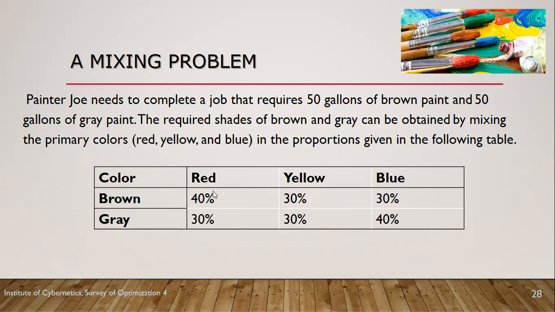The proportions in the table show that in order to receive the required shade of brown, he needs to add 40% of red paint, 30% of yellow paint, and 30% of blue paint. The same is for the gray shade. He needs to prepare a mixture which consists of 30% of red, 30% of yellow, and 40% of blue, respectively.